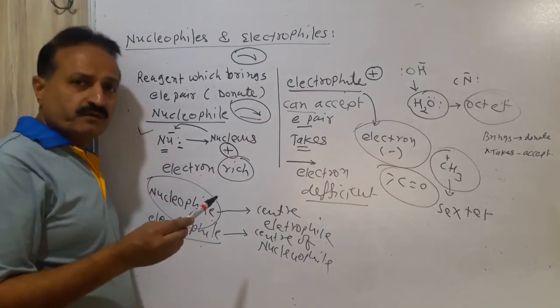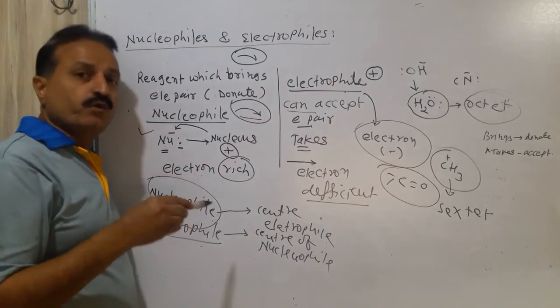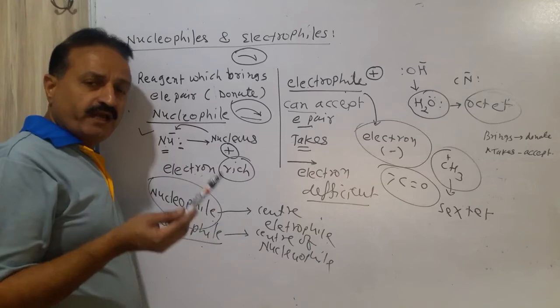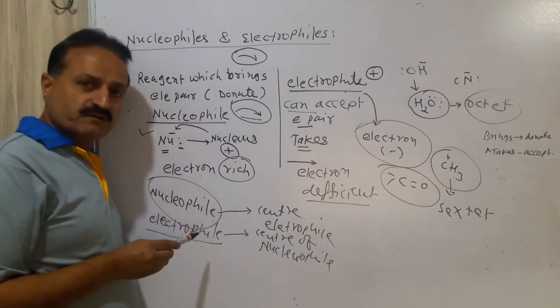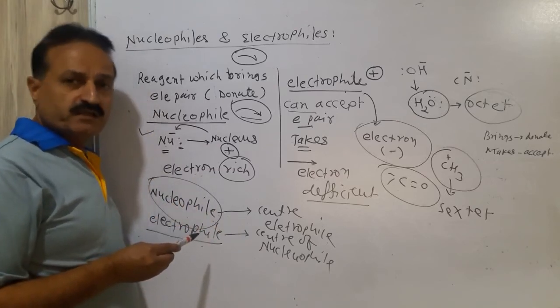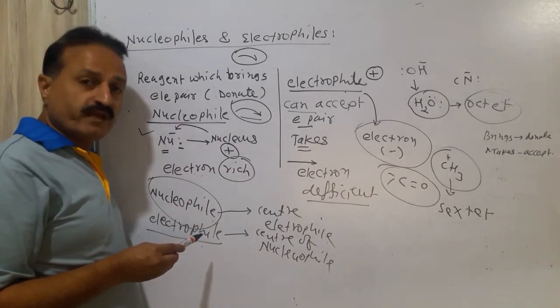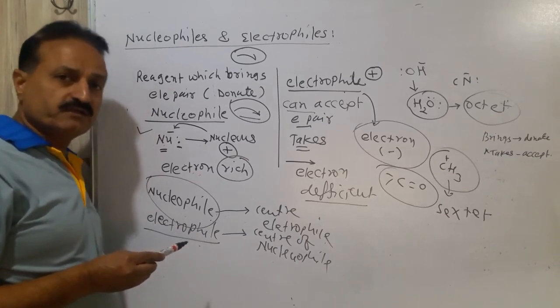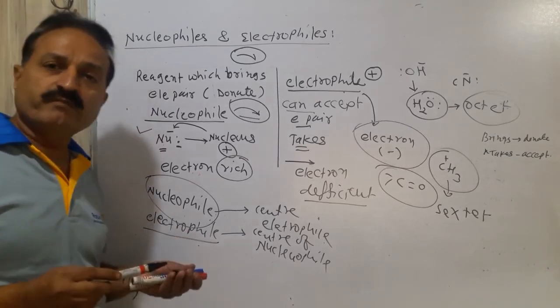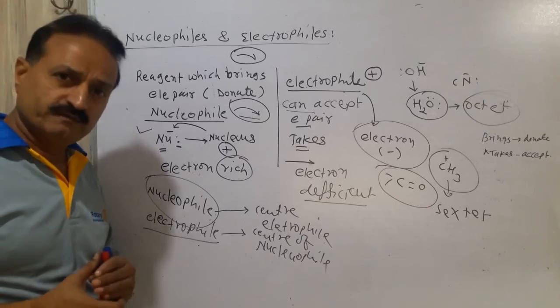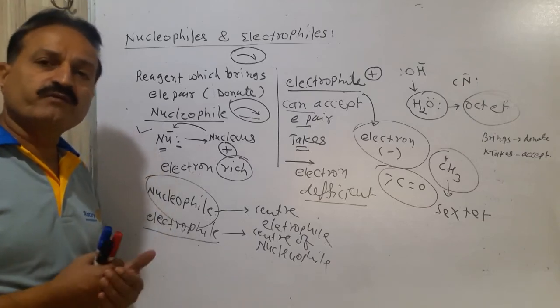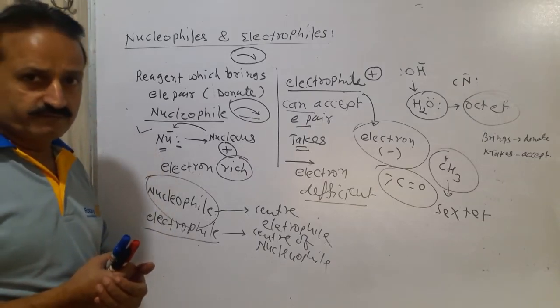Electron rich reagent is nucleophile and electron deficient reagent is electrophile. When the reaction is made by nucleophile, then it is nucleophilic reaction, and the reaction which is made by electrophile is known as electrophilic reaction.